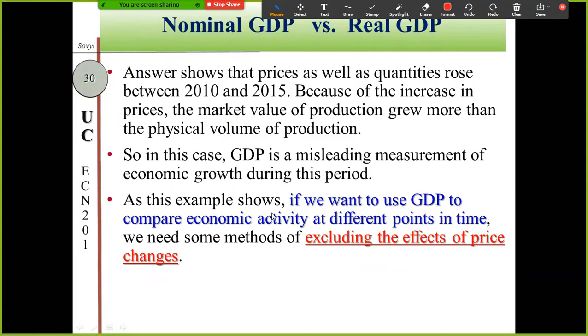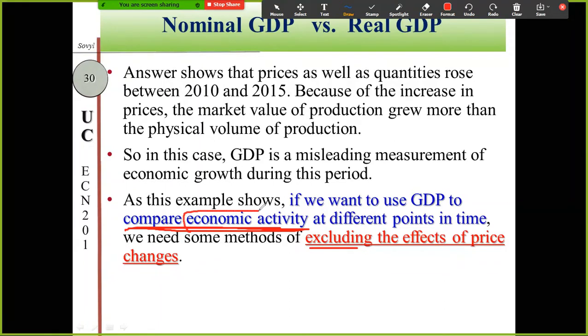As this example shows, if we want to use GDP to compare economic activity at different points in time, we need some methods or some ways of excluding the effects of price change. That means we need a technique that does not include the price change, because we want to compare activity.